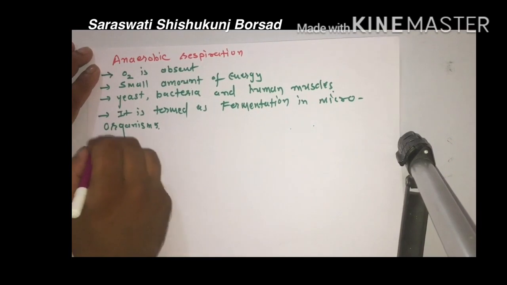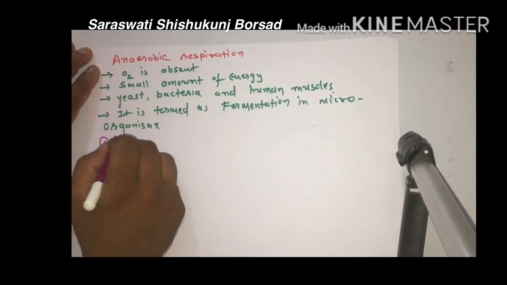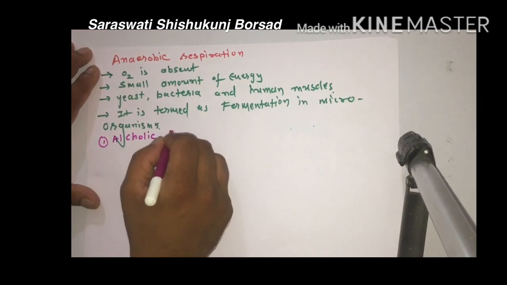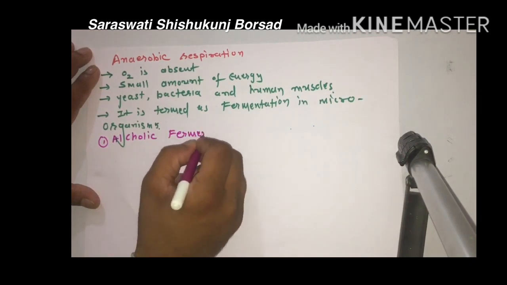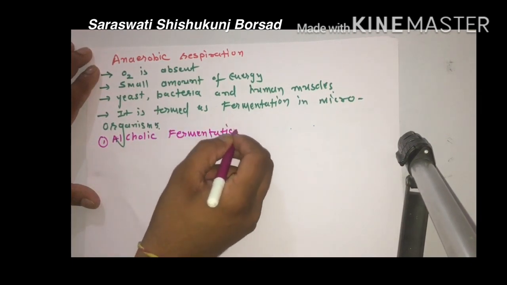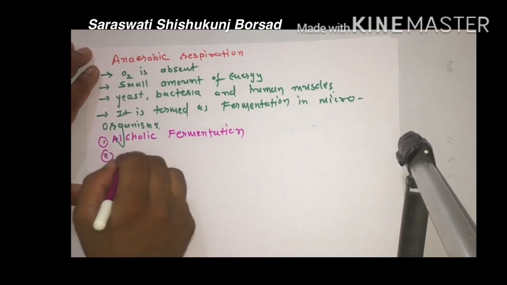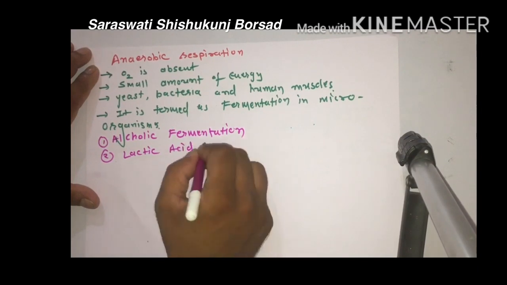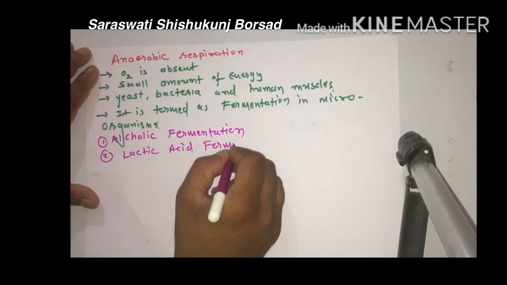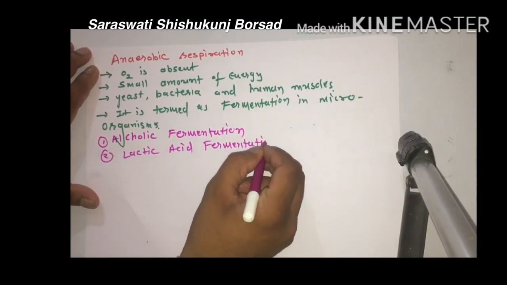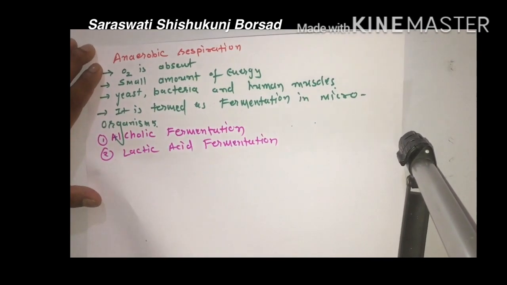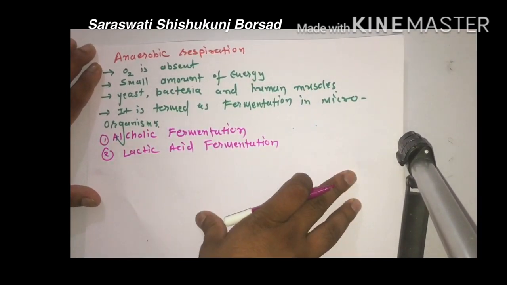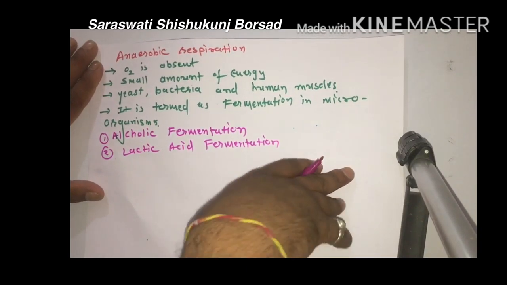On the basis of that we can categorize anaerobic respiration into two types. First is alcoholic fermentation, and the second one is lactic acid fermentation. Now let's see what happens in each.